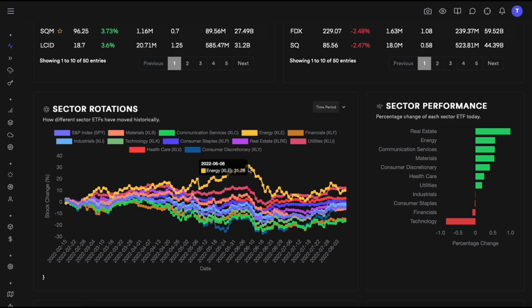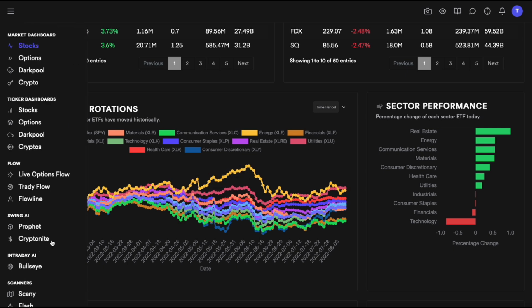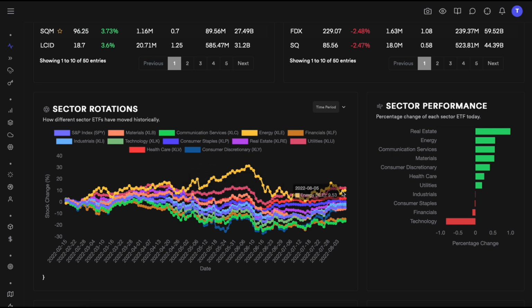But ever since June start, it has been going down quite a bit. It was up about 40% in cumulative terms since the start of February. Now it is up only about 10%, let's say, since the start of February. And other sectors like utilities have actually beaten it year to date. So just good things to know.